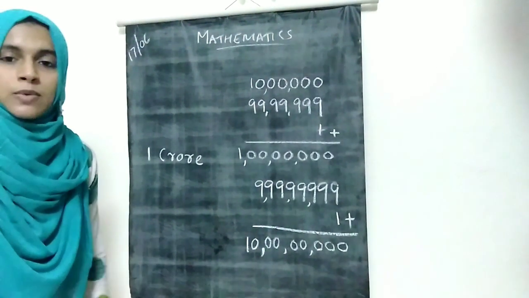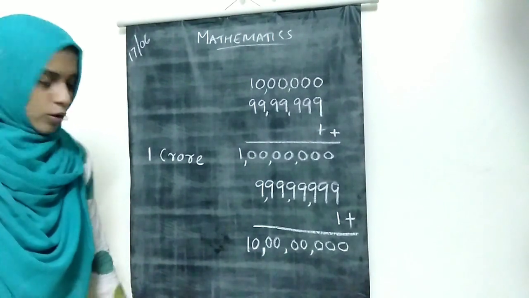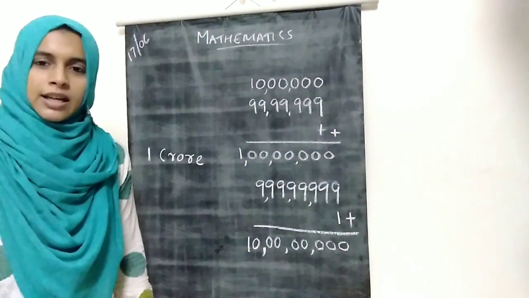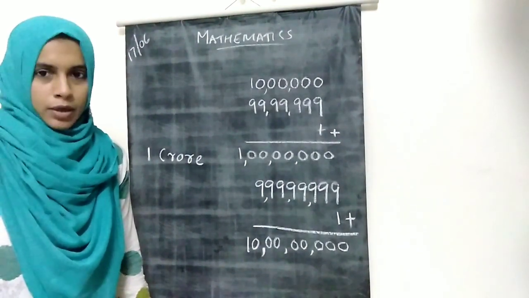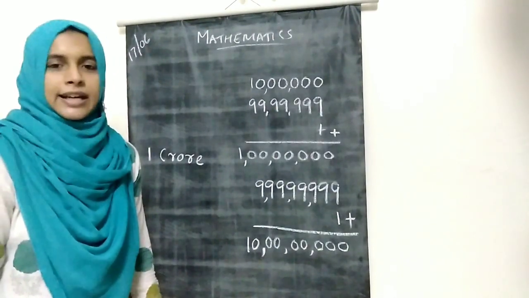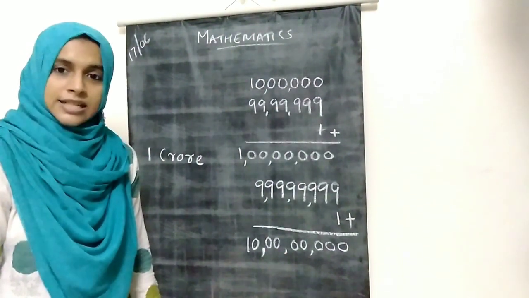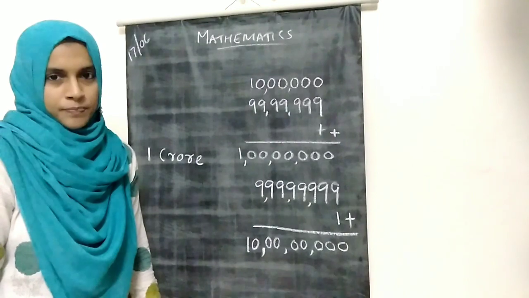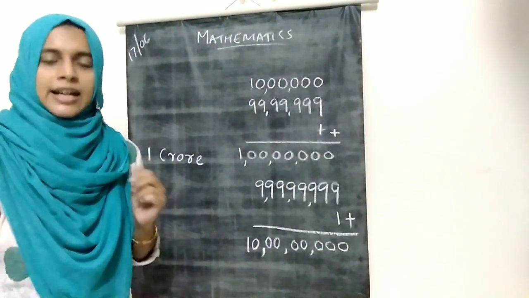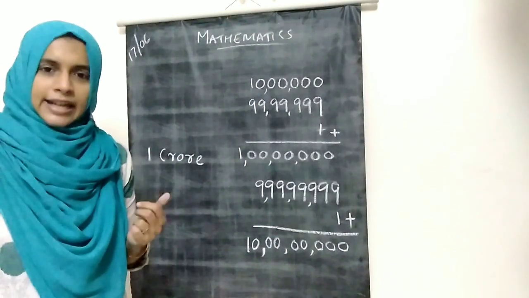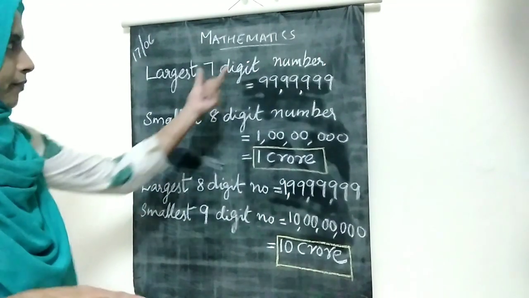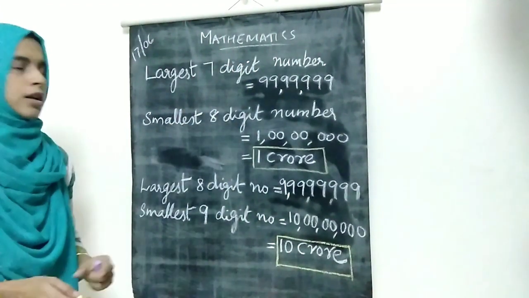So next place value is 10 crore. So 10 crore is the smallest 9-digit number. Same way you can find by putting 9 nines, you will get the largest 9-digit number. So that is 99 crore, 99 lakh, 99,999.